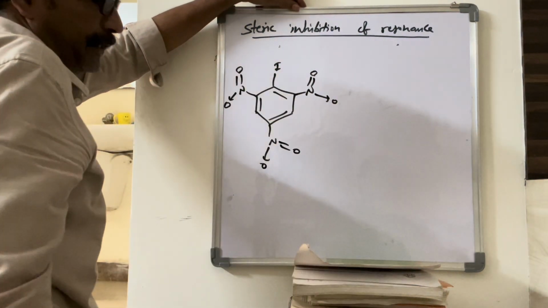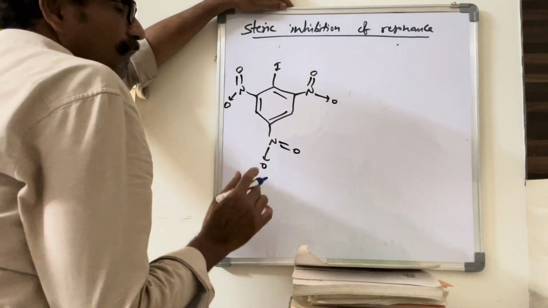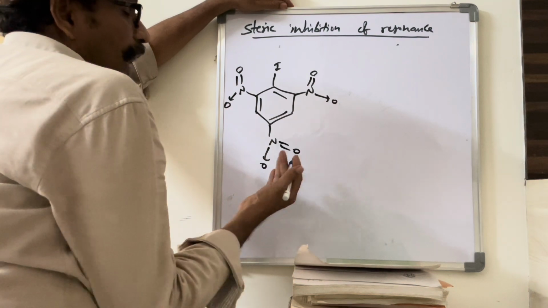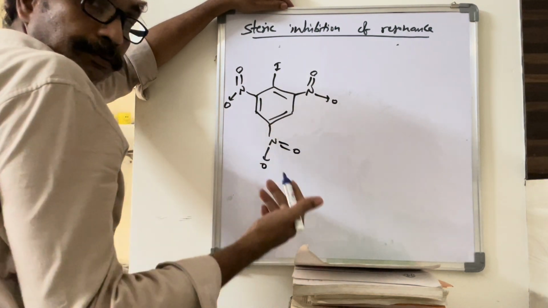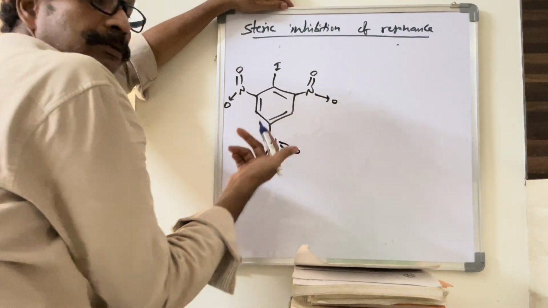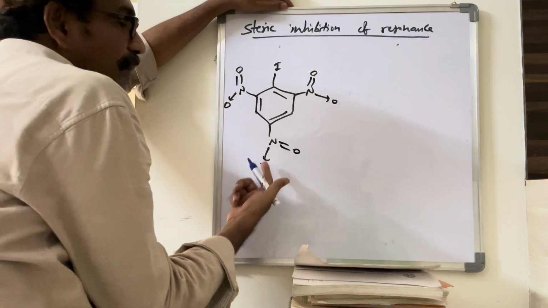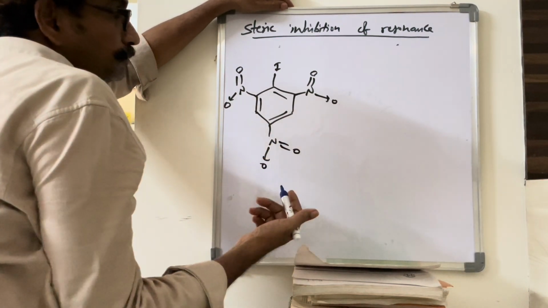The oxygens of the para-NO2 group lie in the plane of the benzene ring.